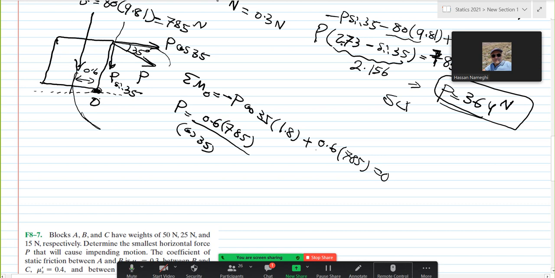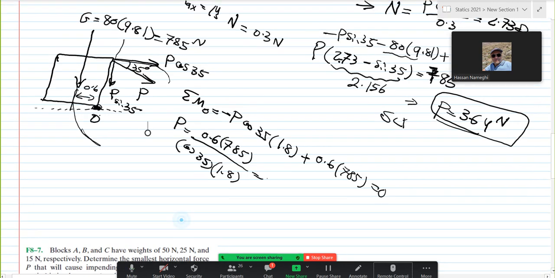I brought it to the other side, so then I actually have the negative here. So that's how I got it. Let me see how much I'm going to get here. 0.6 times 785 divided by cosine 35 divided by 1.8. I'm going to get 319.